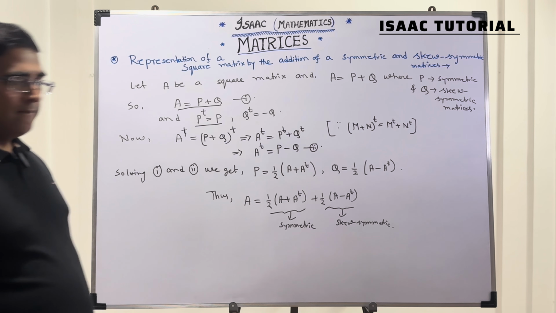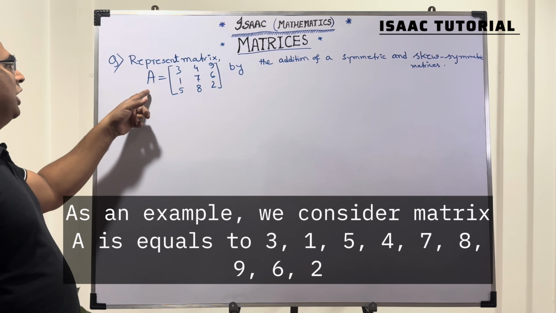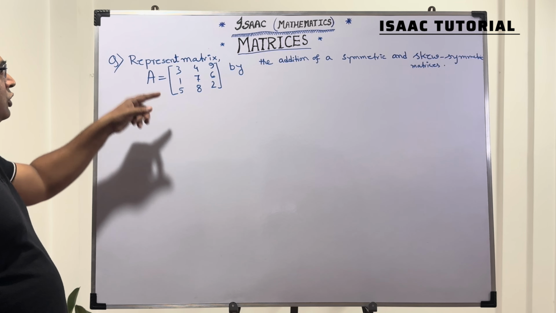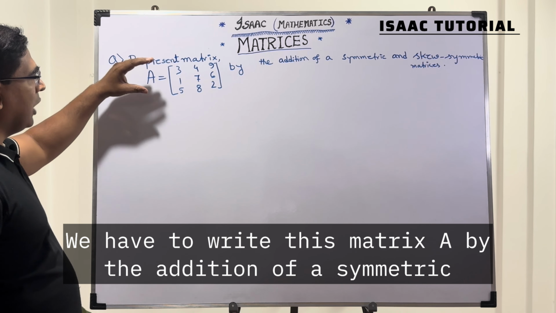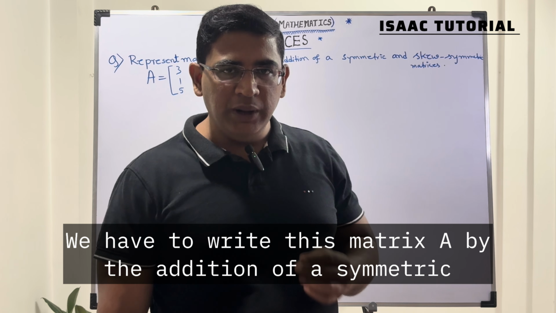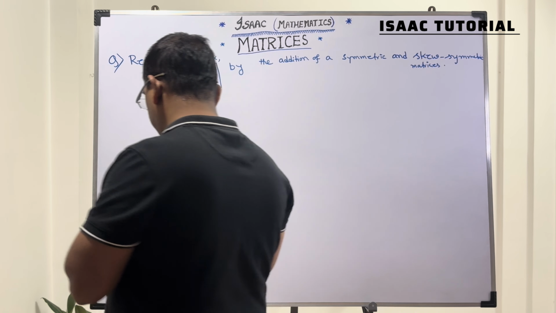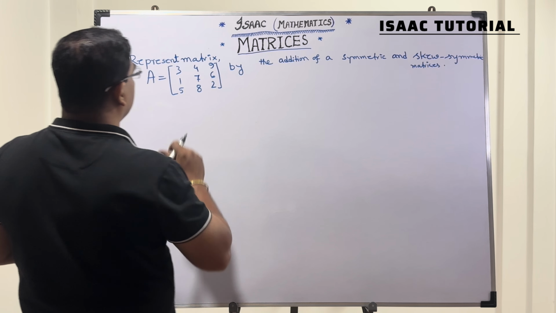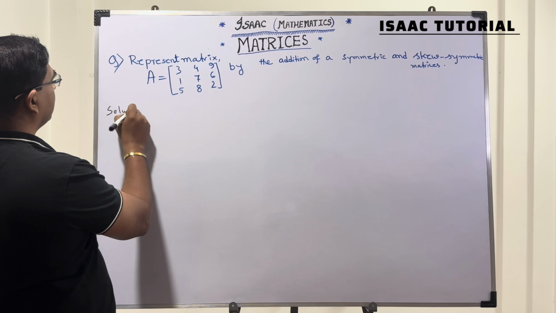As an example, we consider matrix A is equal to 3, 1, 5, 4, 7, 8, 9, 6, 2. We have to write this matrix A as the addition of a symmetric and a skew symmetric matrix. Solution.